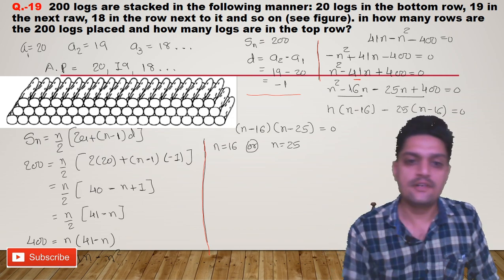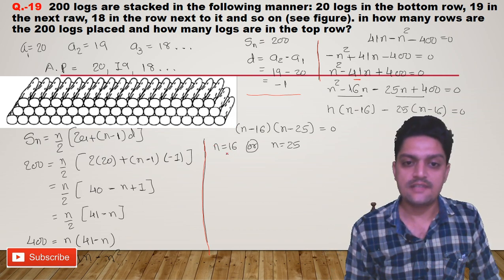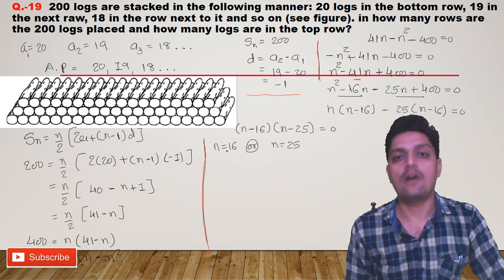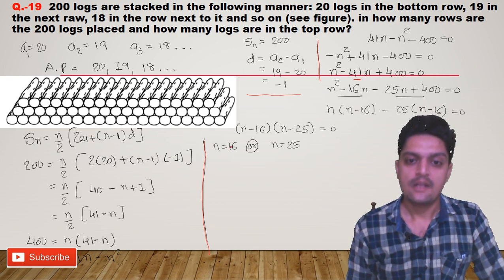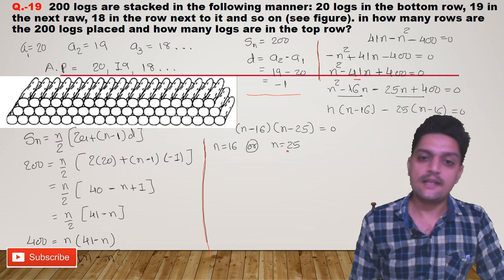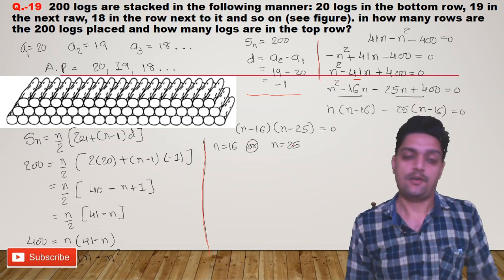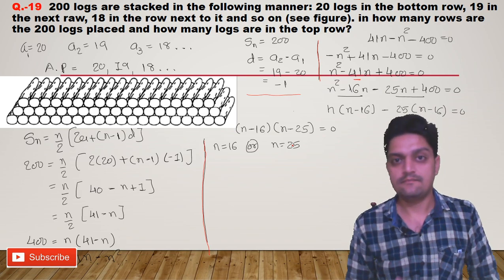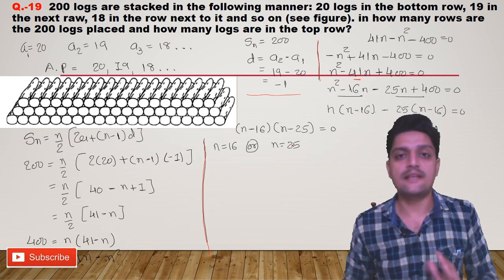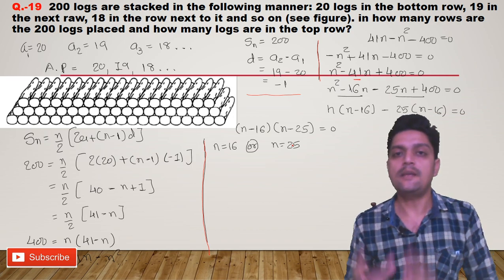We'll find first for n is equal to 16 how many logs we can get, and then we will find for n is equal to 25 also. Maybe it is possible that two kinds of arrangement are there. I am not saying this is the answer, but it can be possible.